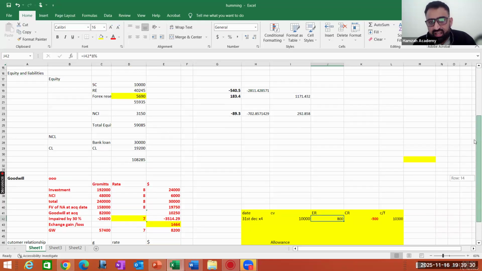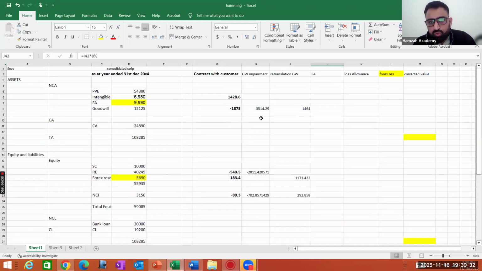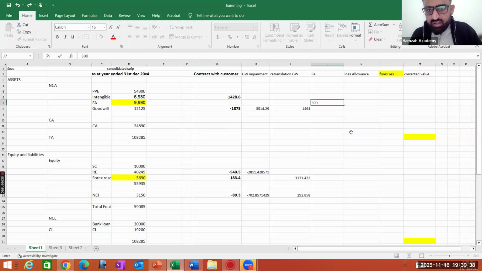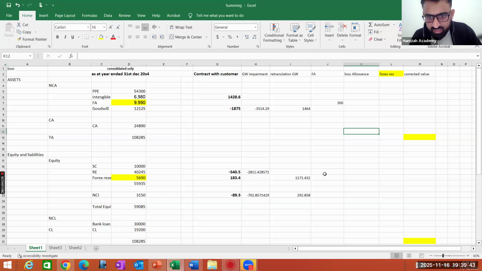So that 300 is missing. So you have to debit the financial asset by 300 and debit the group retained earnings by 300.